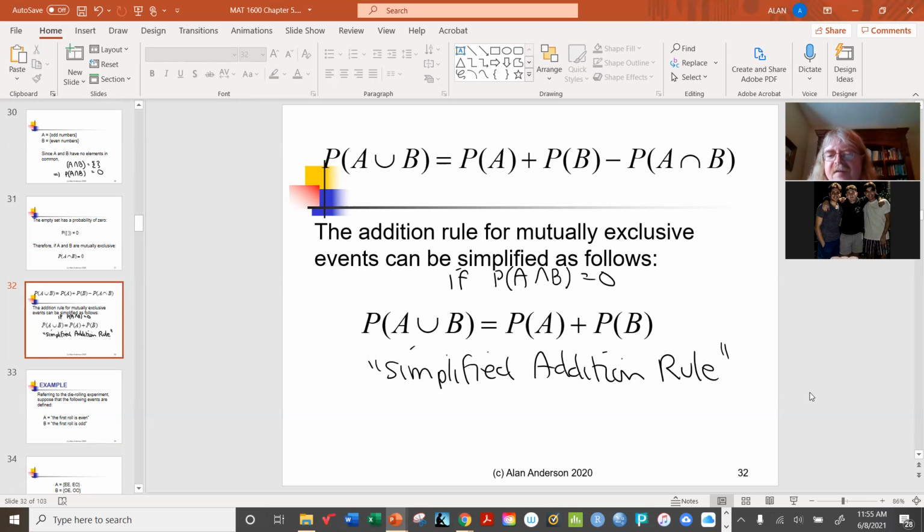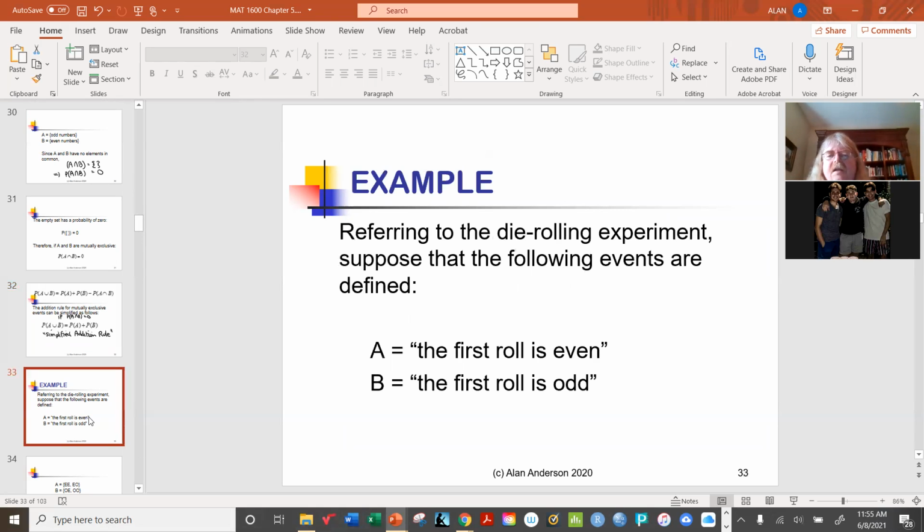So let's see an example of this. Using our same dice rolling experiment, let's try this one. So again, I'll just quickly remind you what's in the sample space.